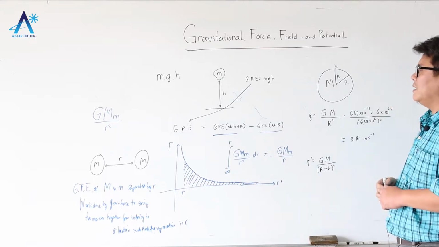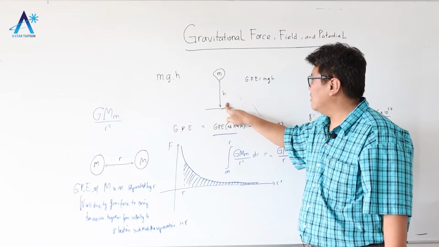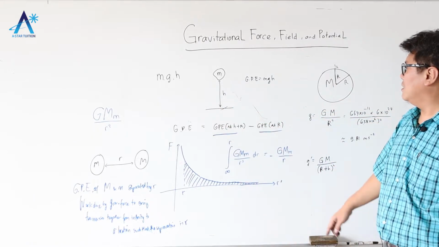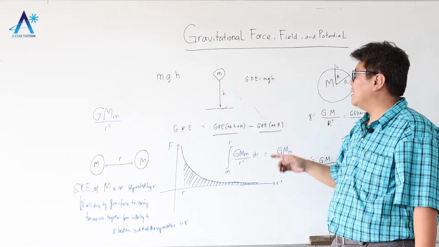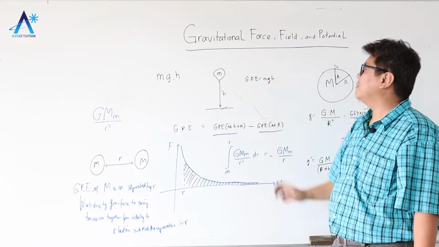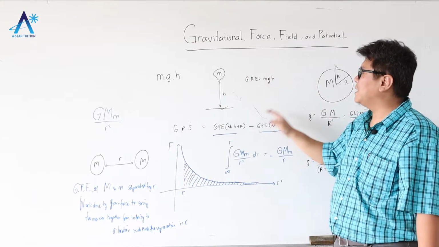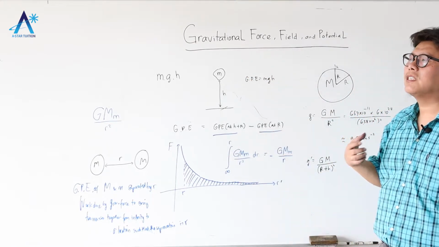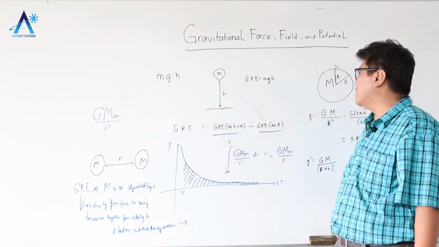So we subtract, and once we subtract, we can see how the expression that we are familiar with before, mgh, is approximately a good substitute for this formula, but obviously in the case where h is much less than r.